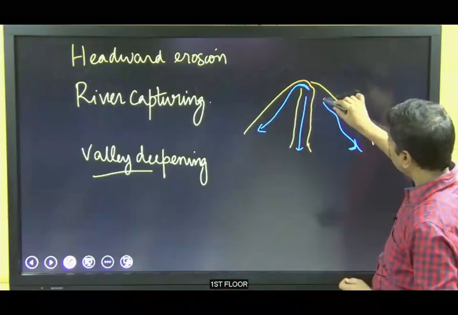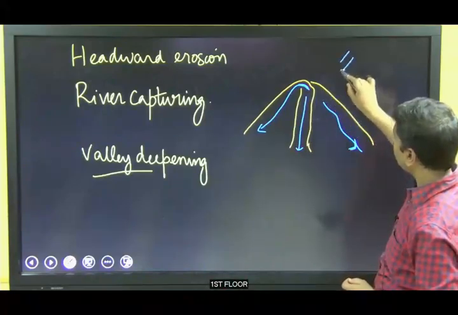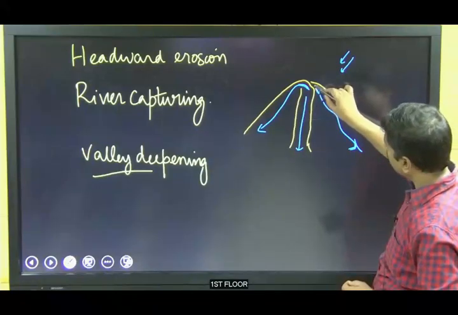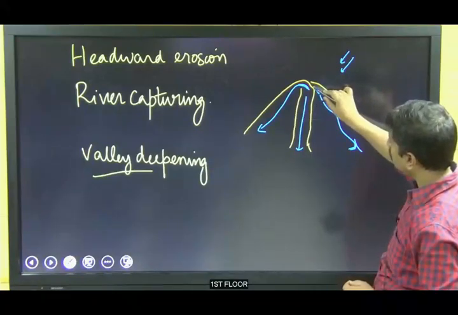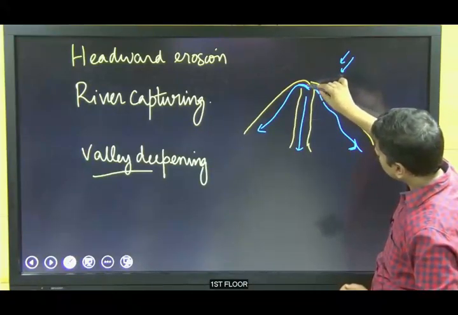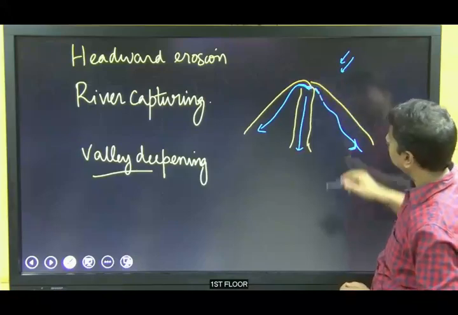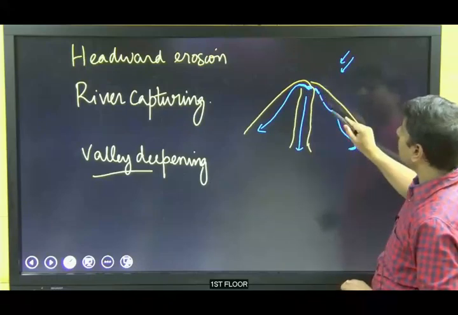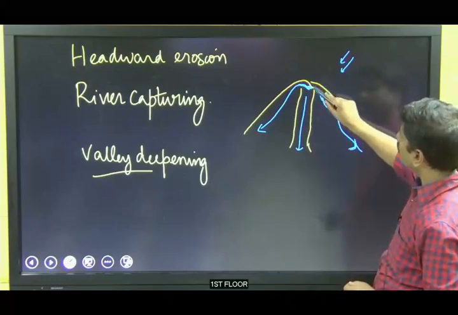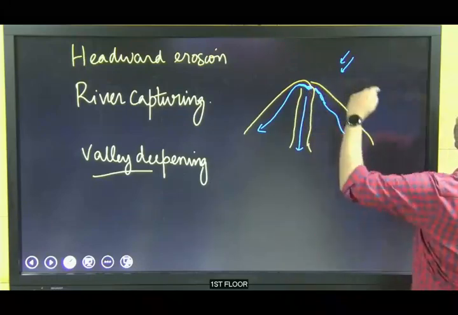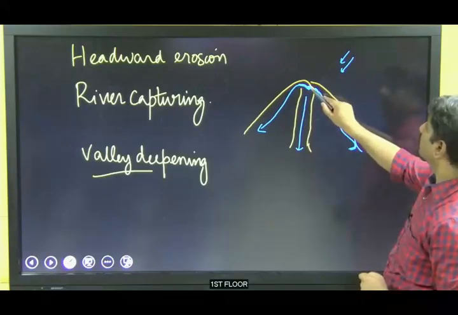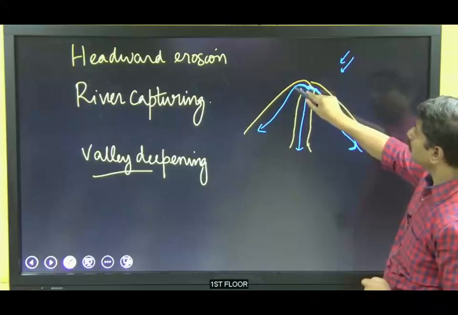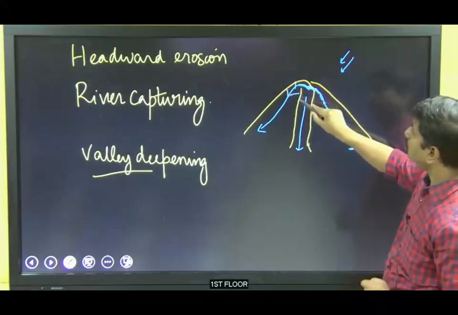This river, when rainfall happens, slowly it will erode headward also, towards the top also, and this will also erode towards the top, and in the meantime this summit also will keep eroding. Okay. So sometimes these two branches, this may be having some other source also.